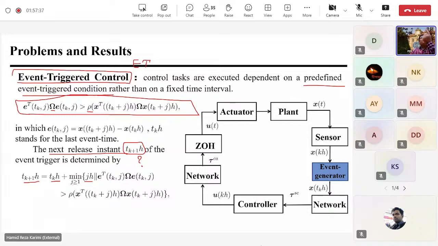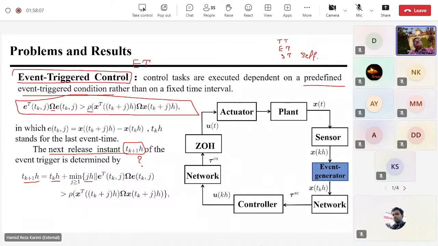I will also tell you more about this because you need to remember that we have three topics. One is TT, the time triggering interval. We have ET, the event triggering interval, and also ST, the self triggering control, which I will also discuss in the next lecture.